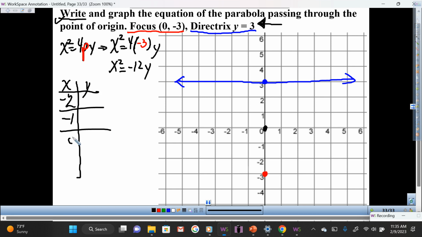-2, -1, 0, 1, 2. All right, give me these values, please. Who went last? Jalen, pass to someone. -2. Okay, help them out.